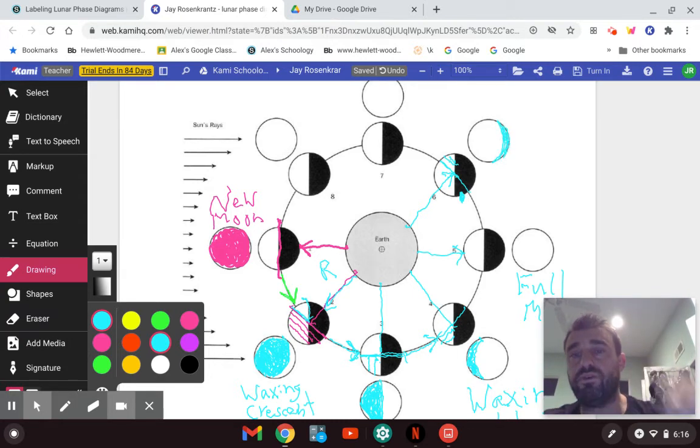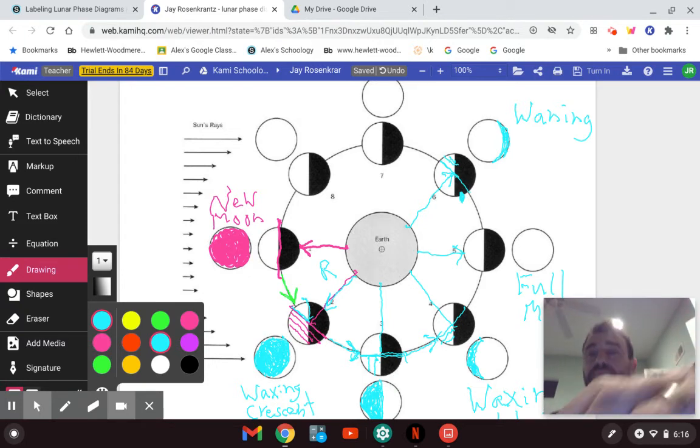So it's almost full, just missing a little piece. And that piece is missing on the right. So the left is lit. And if the left is lit, we say waning. And that means shrinking. So waxing is growing, waning is shrinking, but it's the same name for the shape. So this is called the gibbous again. Waning gibbous.